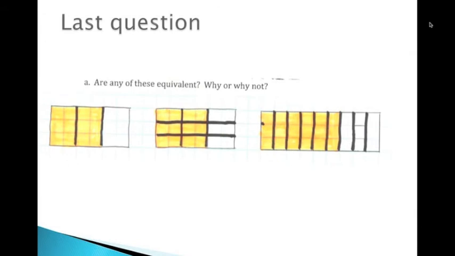But this is why I put this in, because I think it's worthy of talking about and arguing about, and paying attention to in terms of what's the concept that matters. Is it the size of the pieces? Well, the size of the pieces matters.